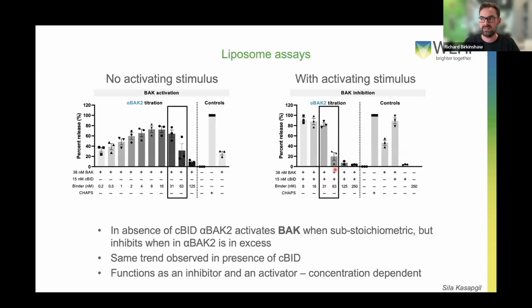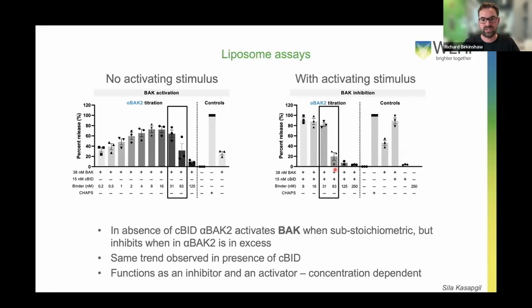So despite designing the anti-BAC to be an inhibitor by blocking the groove, it turned out that it was doing a combination of two things that were concentration dependent. At low concentrations, where we are below the concentration of BAC that we have in the assay, it was functioning as an activator.